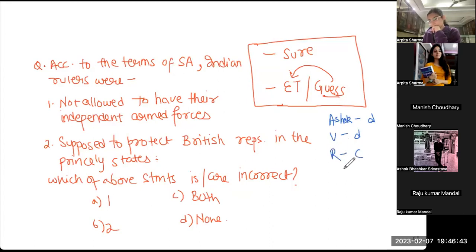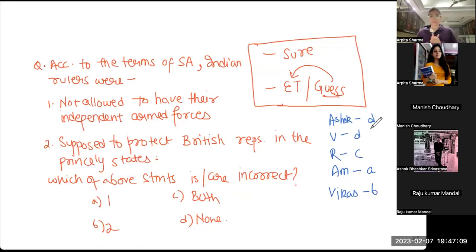Raju is saying C. Ashok is active. Amritansh is saying A. Vikas is saying B. DDCAB.